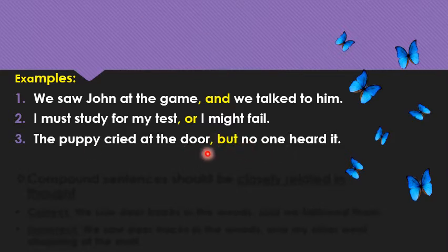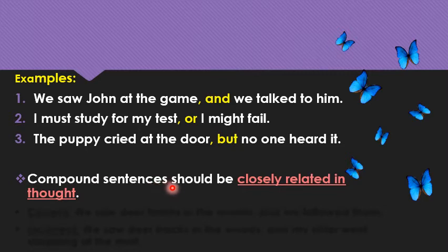First of all, you have to put a comma after the first sentence. Then after the comma, you have to put the right conjunction, and then you're going to continue with the rest of the sentence. The puppy cried at the door, but no one heard it.